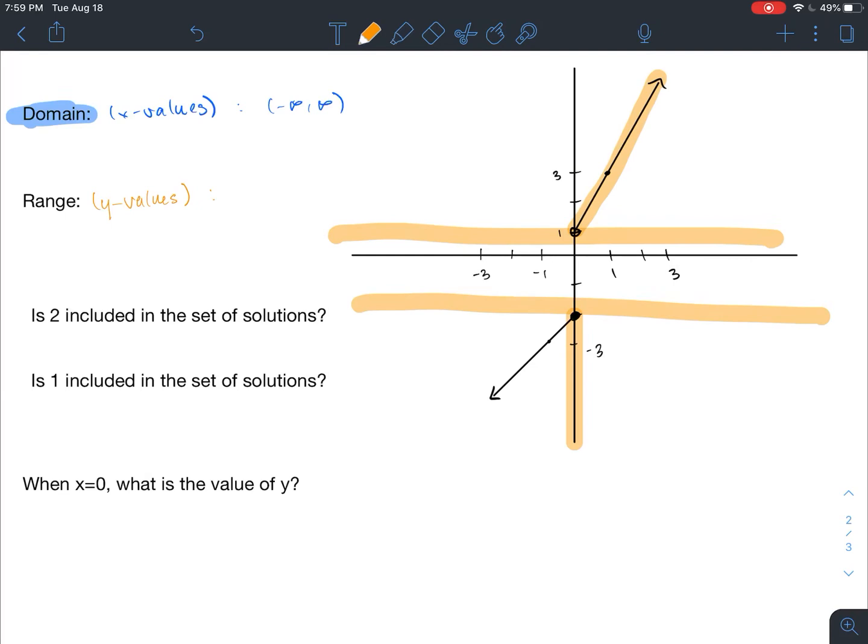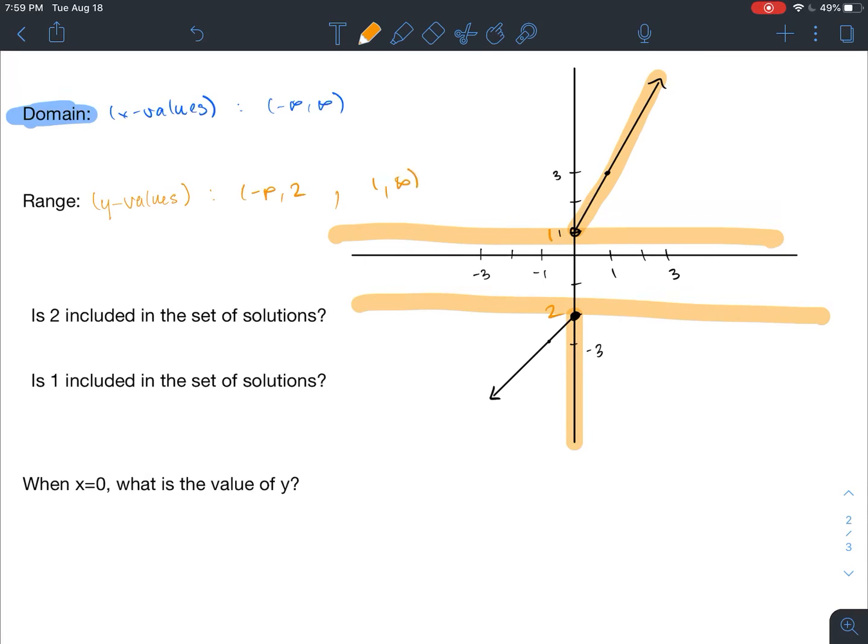This is at 2, and this is at 1. And so we will be going from negative infinity all the way up to 2. And then, comma, we pick up at 1 and go to infinity.